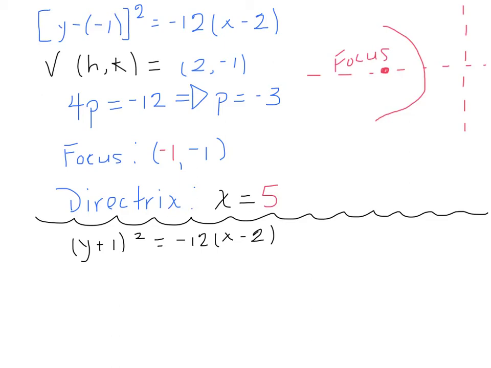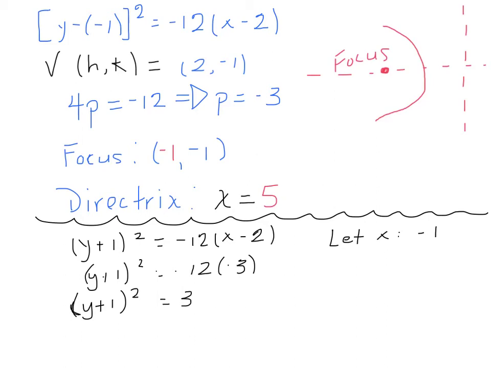So 12 times what number will give me a perfect square? Well, 12 times 1 is 12. That's not a perfect square. 12 times 2 is 24. That's not a perfect square. 12 times 3 is 36. 36 is a perfect square. So if I let x equal -1, then this becomes (y + 1)² = -12 times -3, or (y + 1)² = 36.